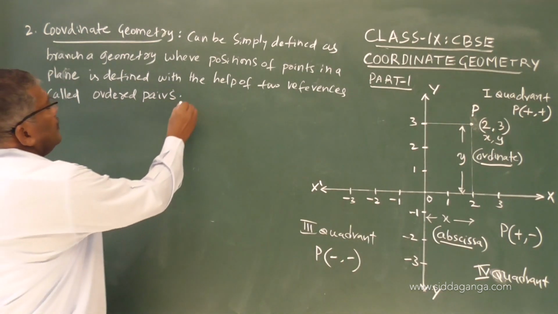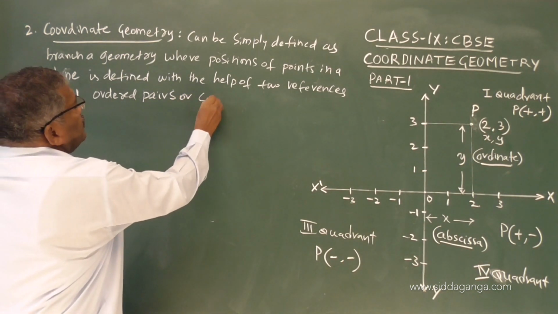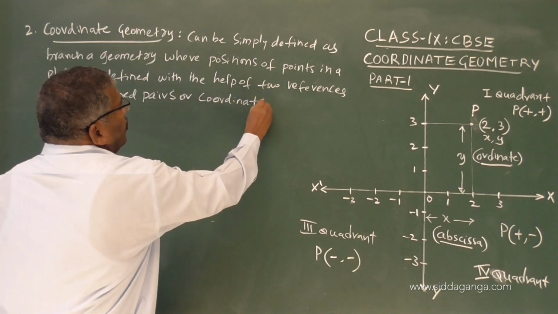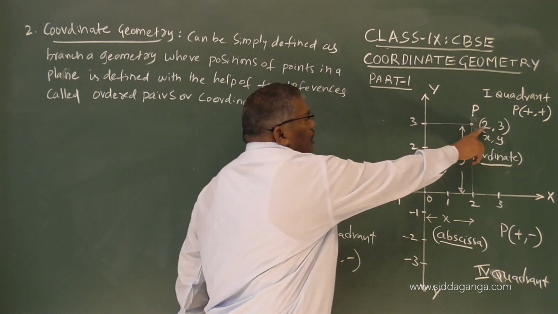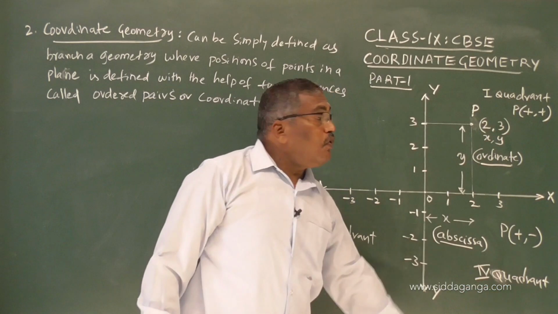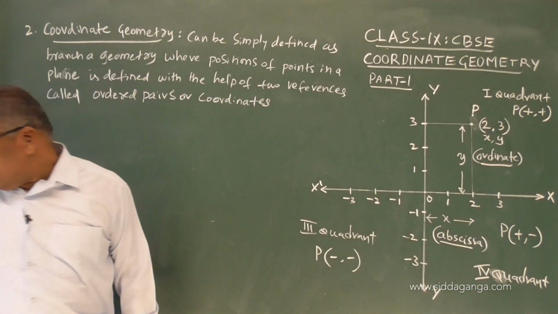Ordered pairs are also called coordinates. These 2, 3 are the coordinates of point P. P(x, y) is the coordinate of point P.